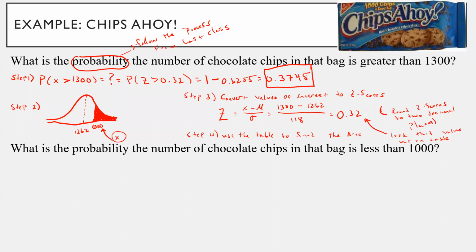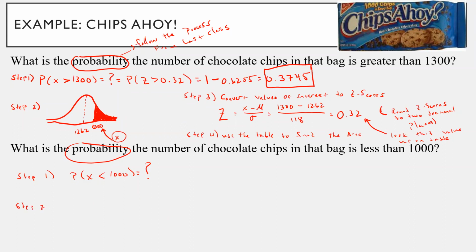So given the information that we have, let's see if that's true. Let's find the probability that the number of chocolate chips in a bag is less than 1,000. So you want to find the probability that X, the number of chips in a bag, is less than 1,000. All right, step 2.